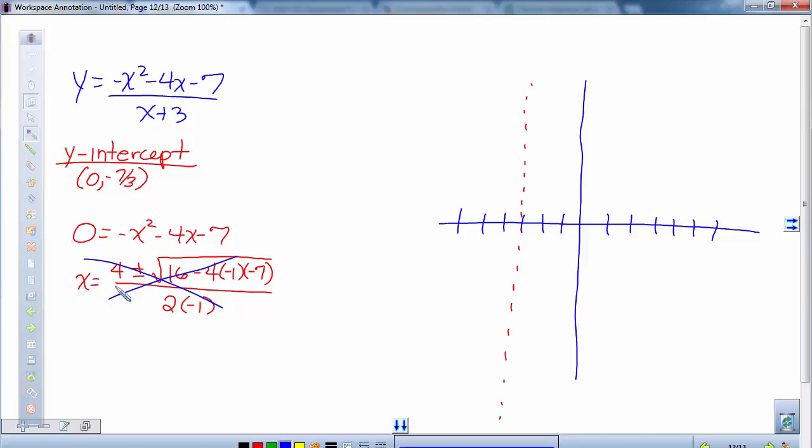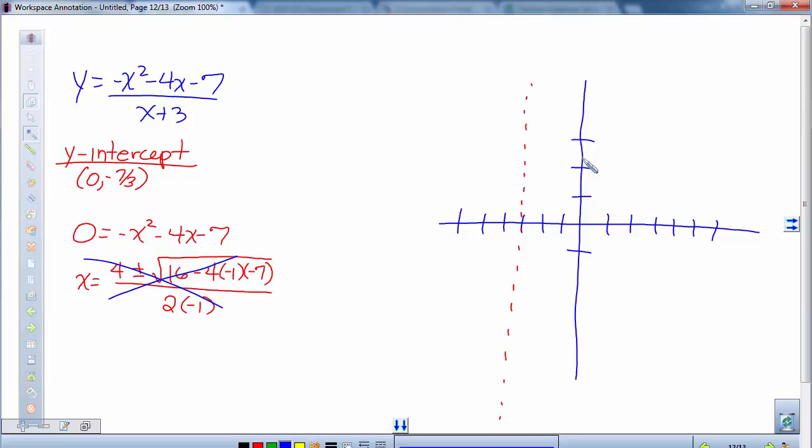Okay, so here's our only intercept, 0, -7/3. All right, so let's plot that. 7/3 is going to be a little more than 2, so right here.